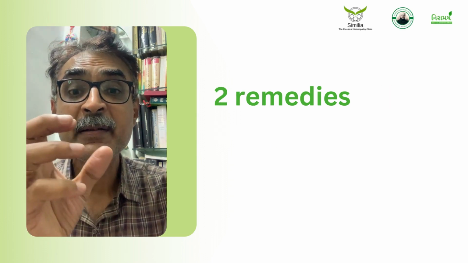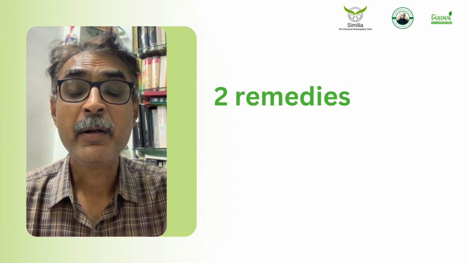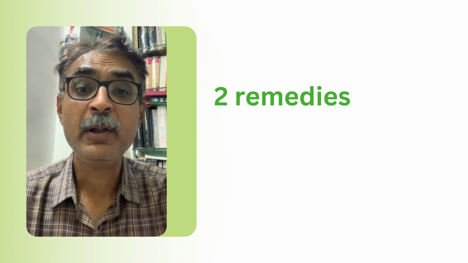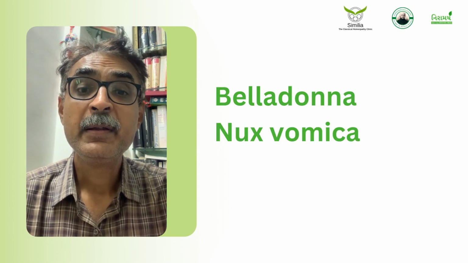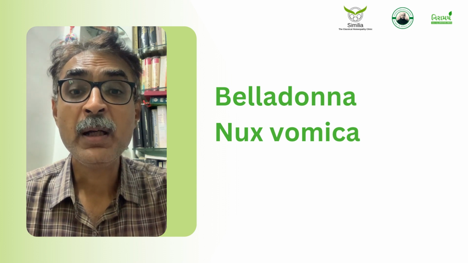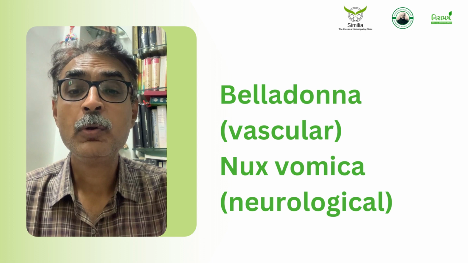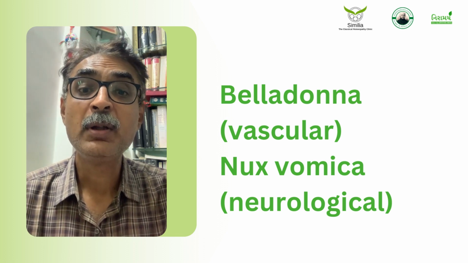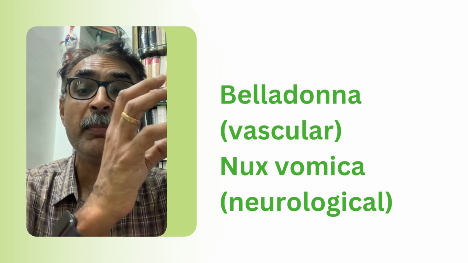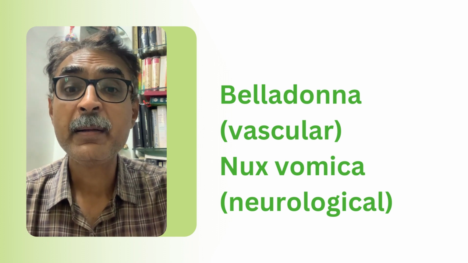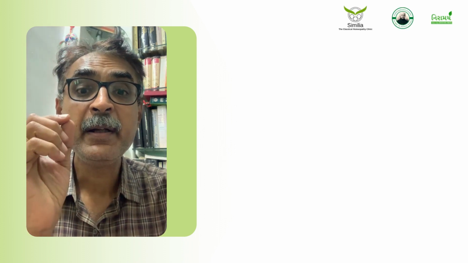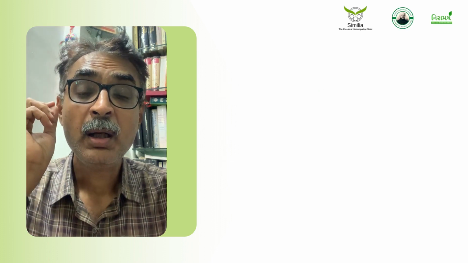And two remedies that come to our mind when we look at this description are belladonna and Nux vomica. These are two very closely related remedies. Belladonna for its vascular part, Nux vomica for its neuralgic part, and also the precipitating cause of carousal, alcohol, a very important remedy.